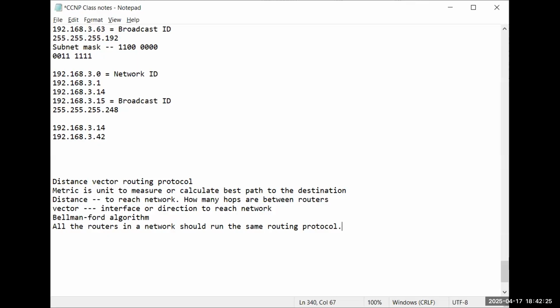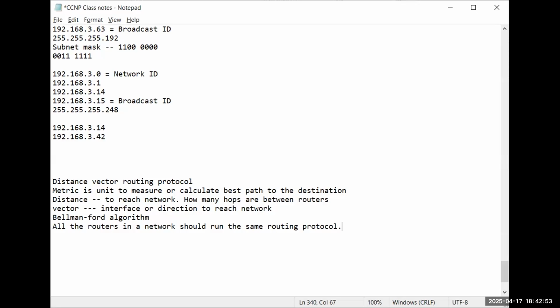So these exchanges happen in a periodic manner. Every time the router gives an update to the neighbor or gets an update from the neighbor, the entire routing information is updated in the local routing database.